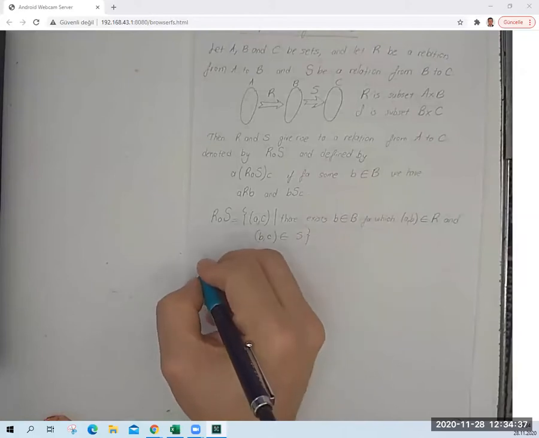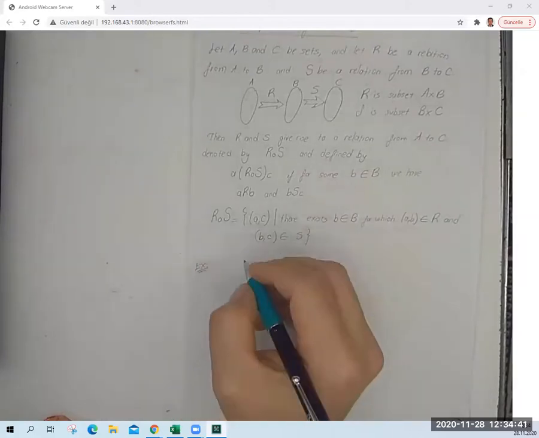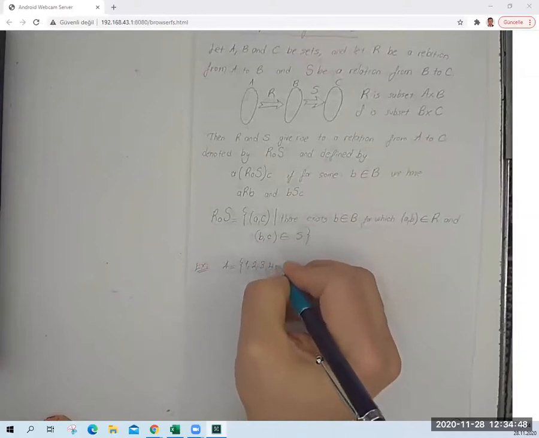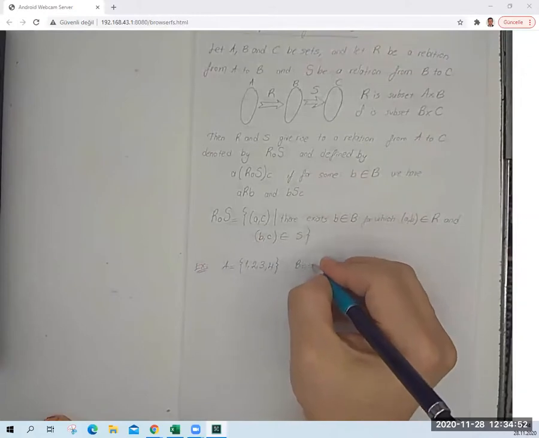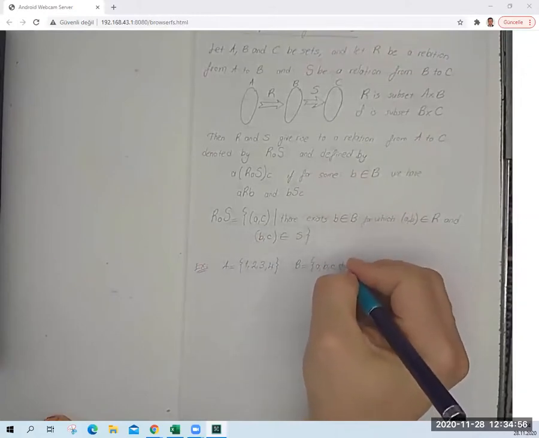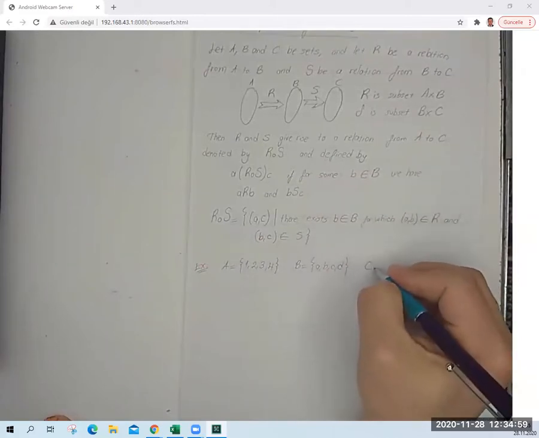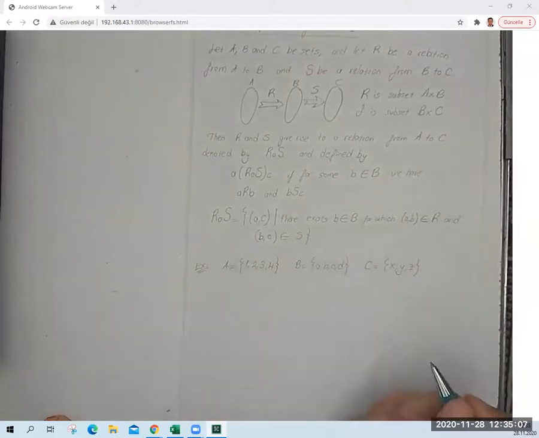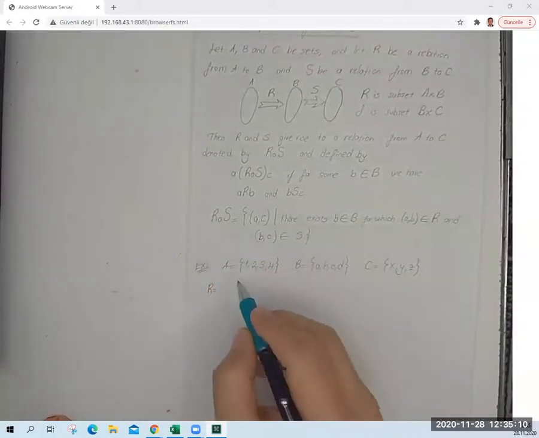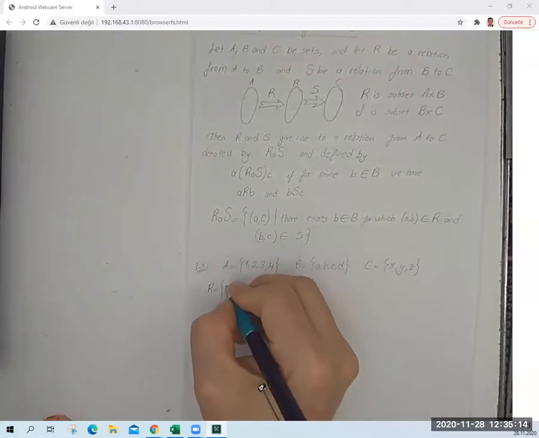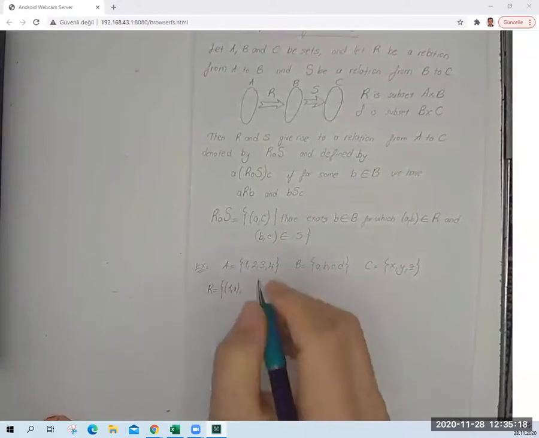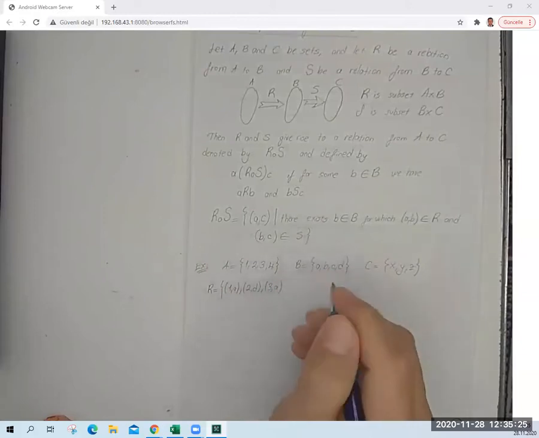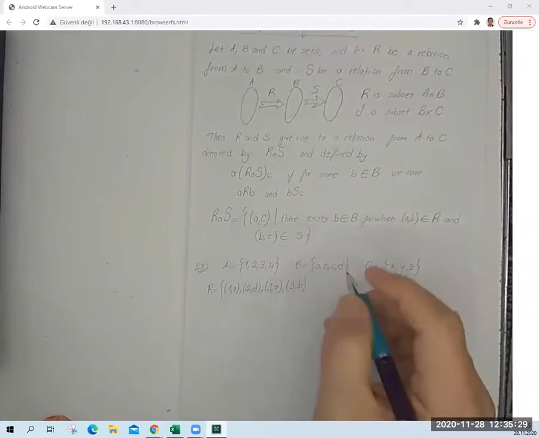So let's write an example. I have a set A: 1, 2, 3, and 4, and set B: A, B, C, D, and a set C: X, Y, and Z. I have a relation from A to B with the pairs 1A, 2D, 3A, 3B, and 3D.